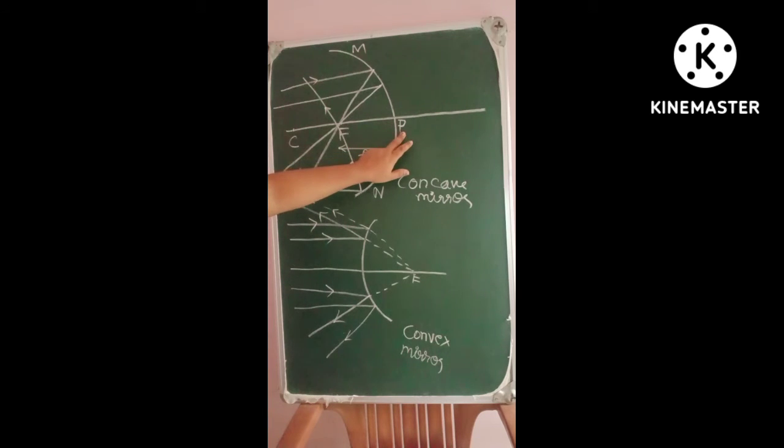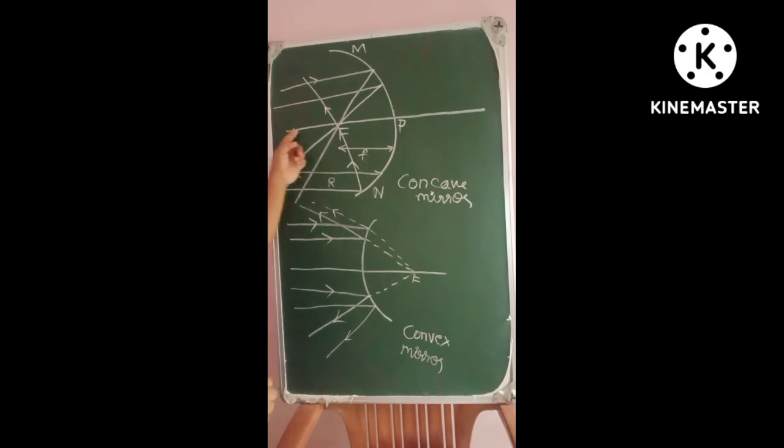So P is nothing but the pole of the mirror. The center of the spherical mirror is called the pole. F is the principal focus. Focal length is the distance between the principal focus and the pole of the mirror. And the distance between the pole of the mirror and the center of curvature is taken as the radius of curvature.